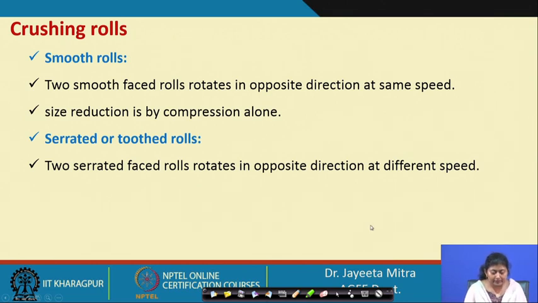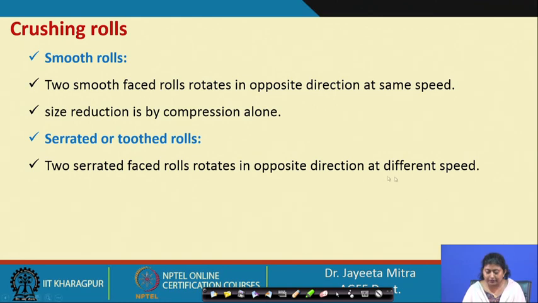So, we can see carefully that when we use smooth faced rollers, they rotate in opposite direction at the same speed, but when we use serrated rolls, they rotate in opposite direction at differential speed. So, that means all these different kinds of arrangements are needed for different requirements, different grain size and different kind of particle size reduction.